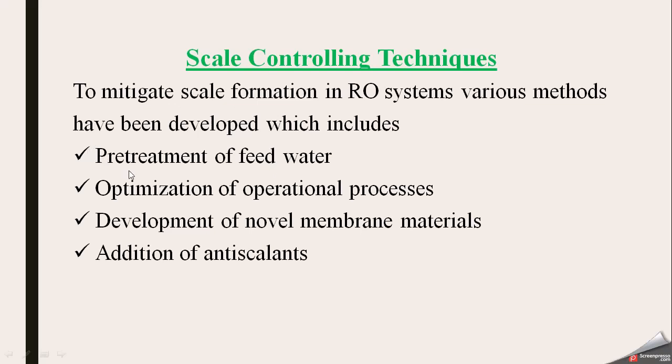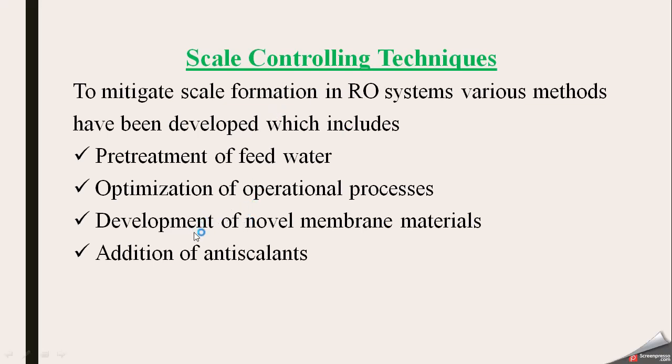Number one and very important is pre-treatment of feed water, so that after analyzing the impurities and characteristics of the incoming feed water, we install a pre-treatment setup to control the scaling in the membrane. Second is optimization of operational processes, that is we optimize the flow rate, pH as well as the pressure, so we can minimize or avoid this scaling.